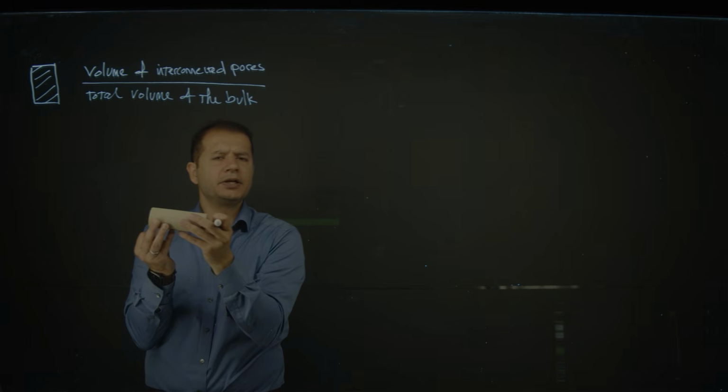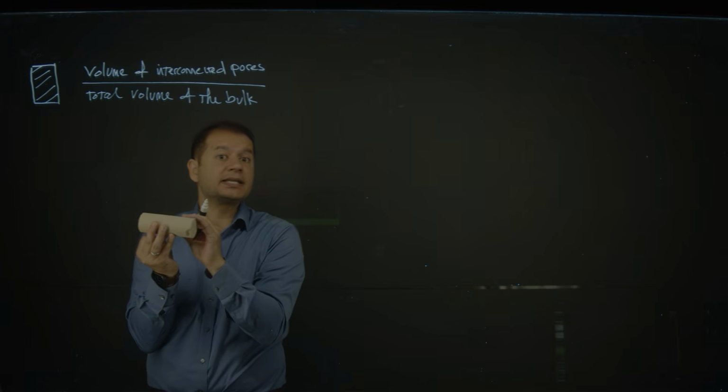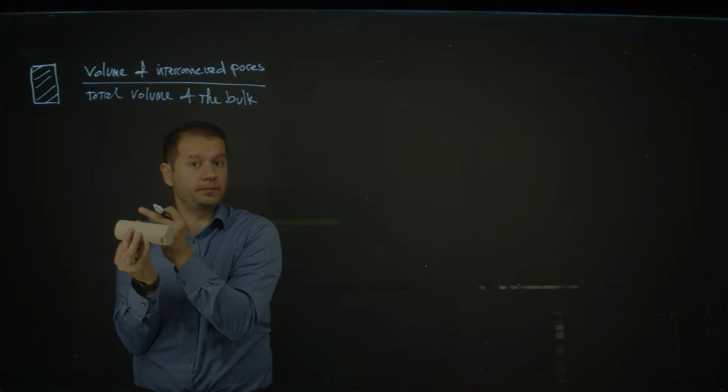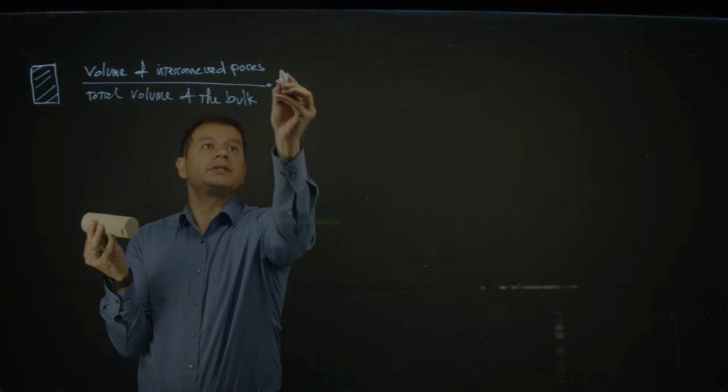How much of it is pore space that is interconnected so that I can get flow through? This is called effective porosity.